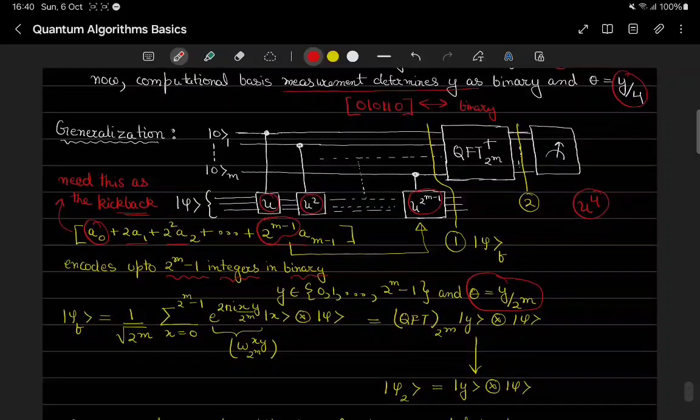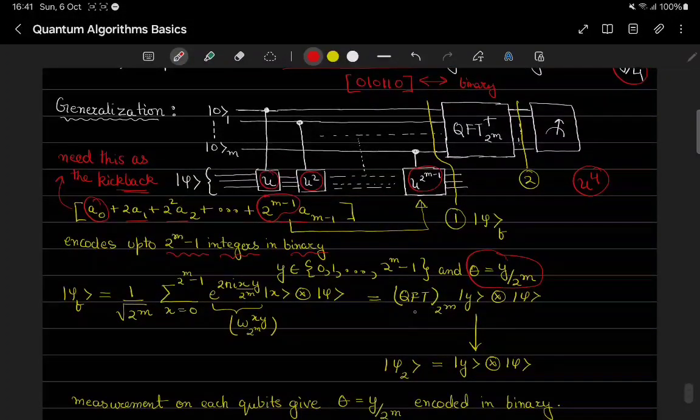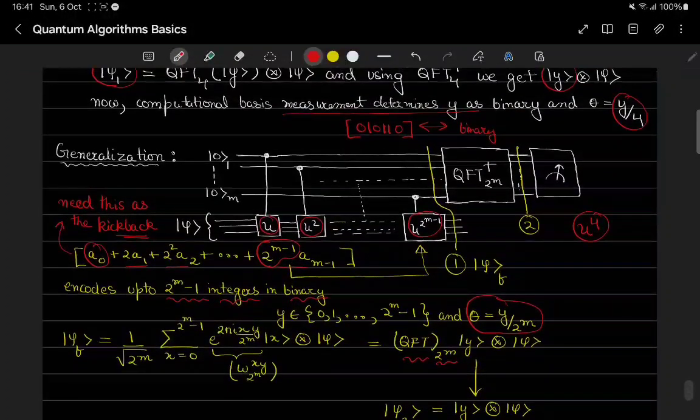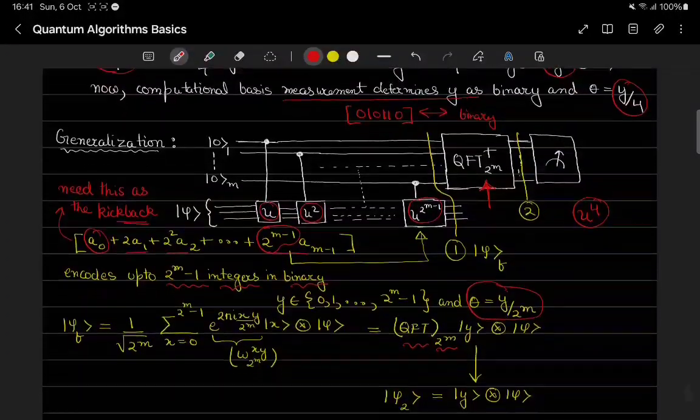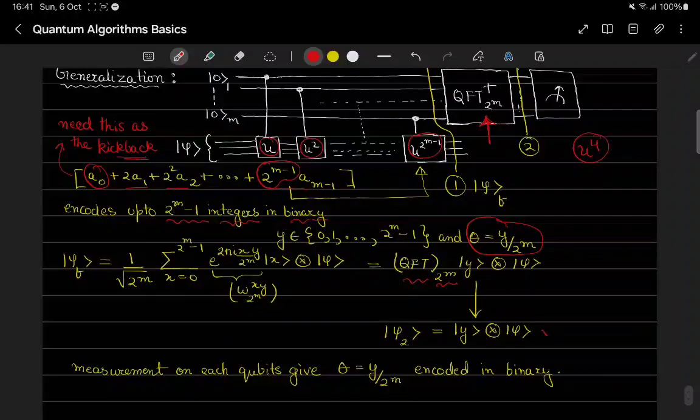And now what this means is that you can write these as digits using the binary encoding, and you will get omega 2 power m xy. Once you have come up till here, you know that this is nothing but the quantum Fourier transform of 2 power m. And now you can invert this quantum Fourier transform using the inverse, which is also a unitary operation, to get y tensor psi.